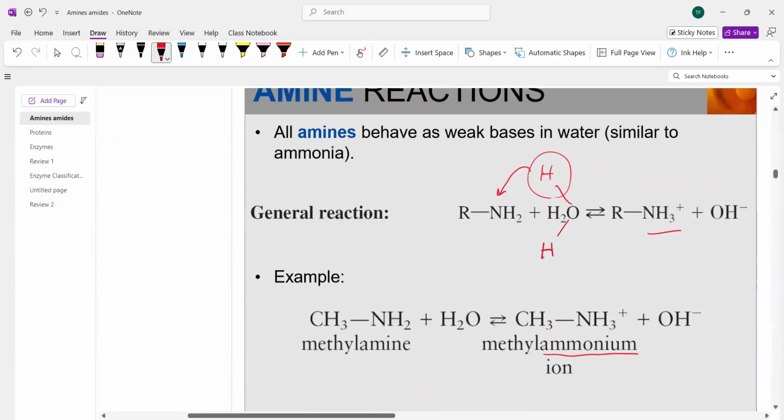Now, whenever we have an amine like ammonia, NH3, in water, what happens, like I was talking about at the beginning of this lecture, is that the water can combine with the nitrogen and form a cation and an anion.